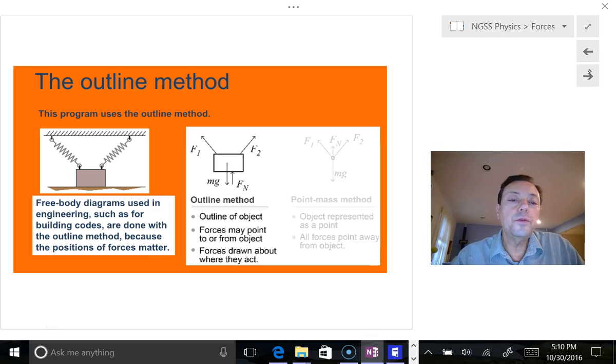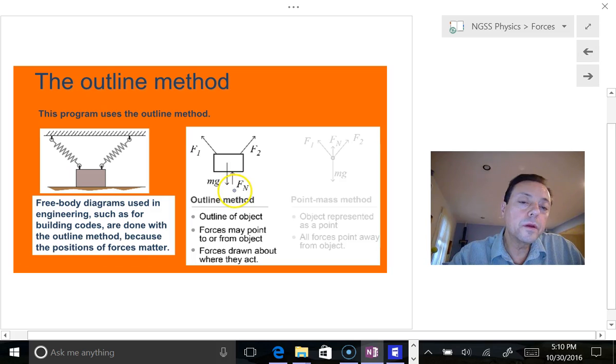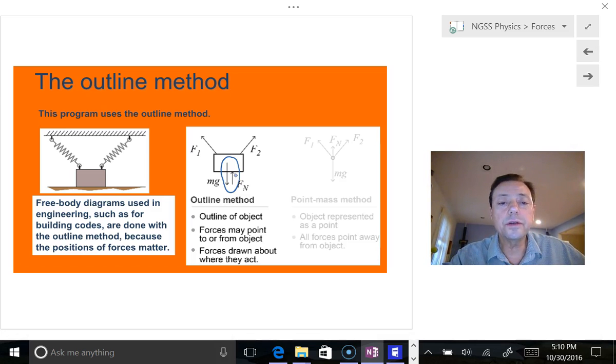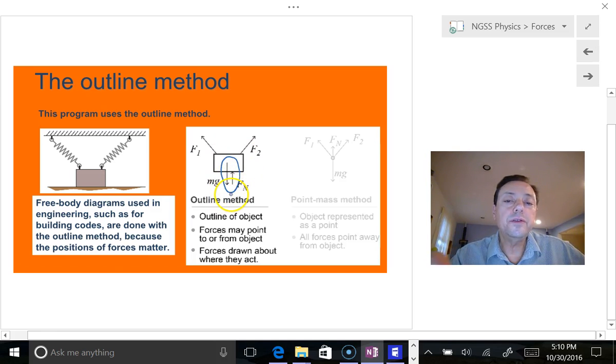Also, if you shrink this down to a point, sometimes you might have vectors that act almost along the same line, and it might be hard to see these if you were to draw it as it is when you shrink the object down to just a little point. So sometimes doing it this way makes the forces easier to see, and other times it's not as important.